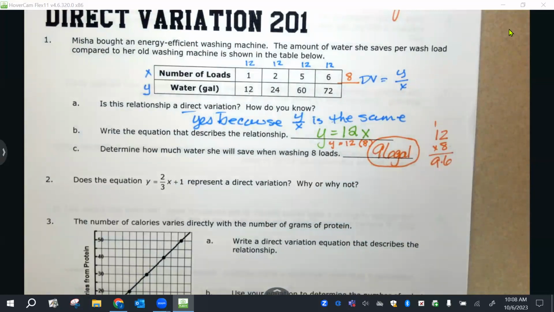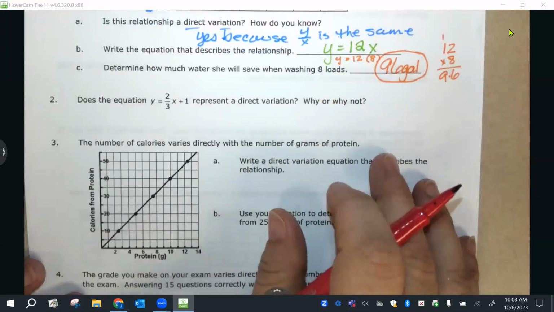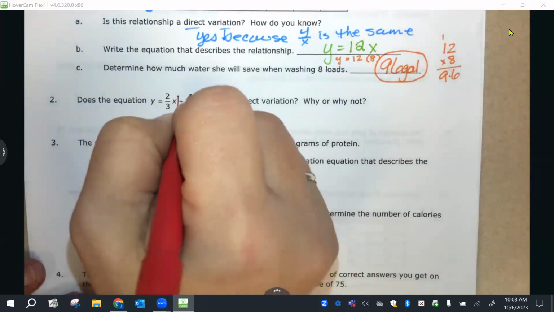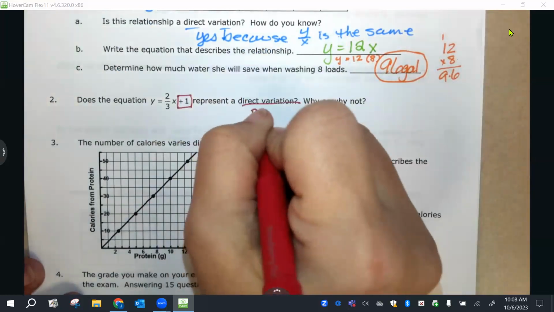All right, number 2. Does the equation y equals 2/3 x plus 1 represent direct variation? Well, this should be super easy. Hopefully, we noticed this constant being added because remember, direct variation also meant proportional.